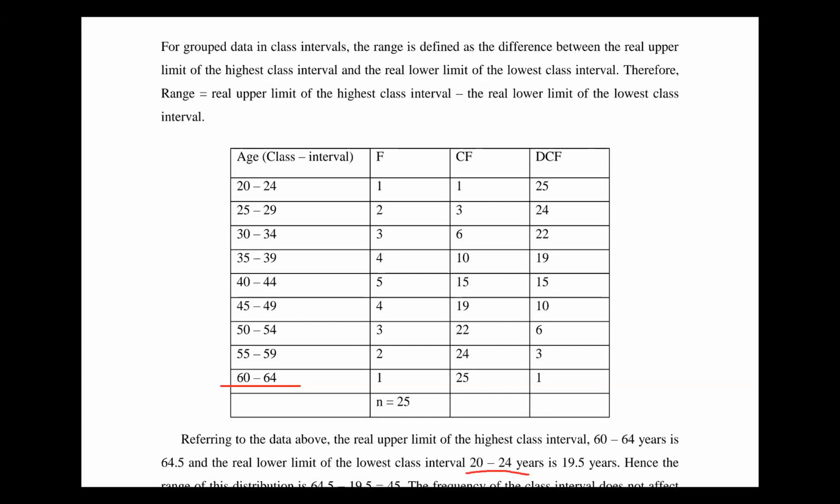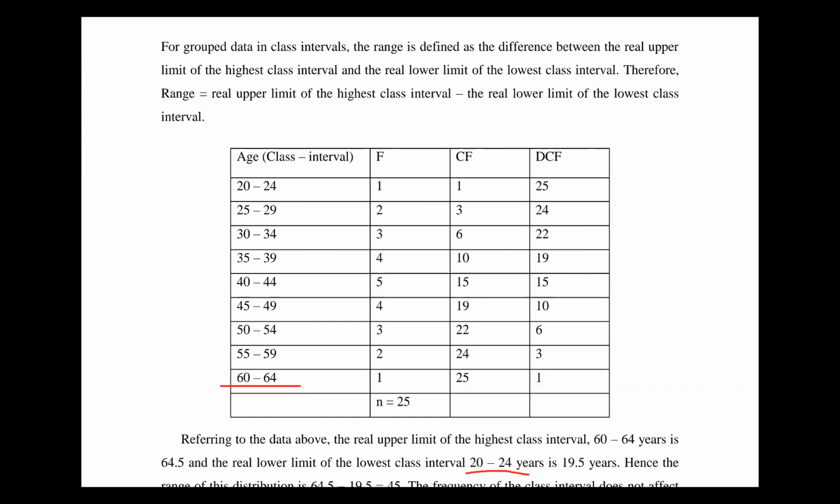That is the difference, okay? Then the real upper limit of the highest class interval is 64.5, and the lowest one is 19.5. It's basically more like the midpoint.